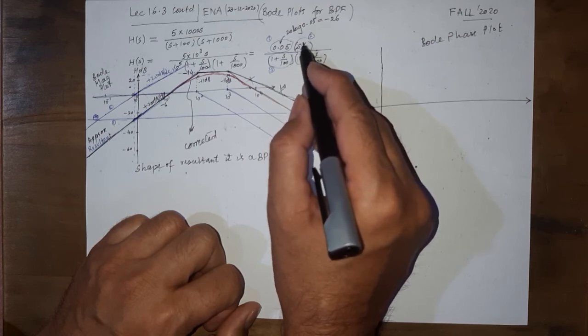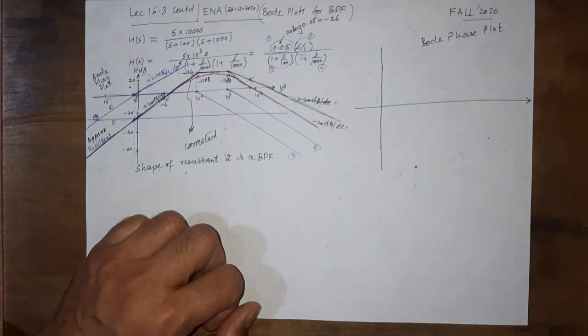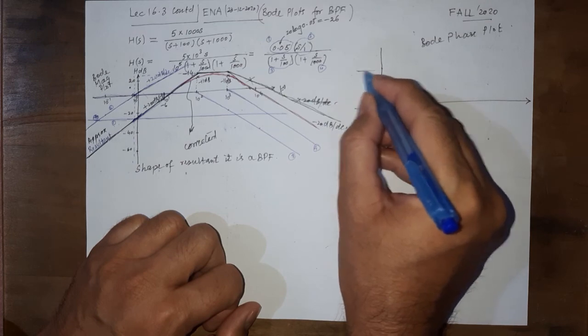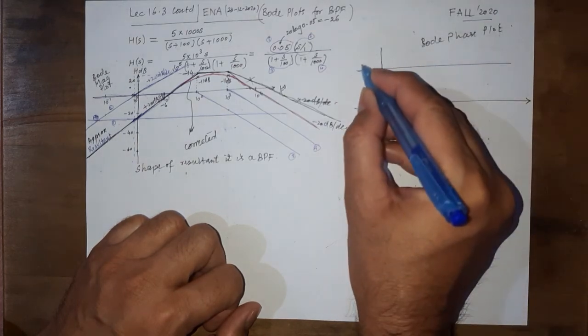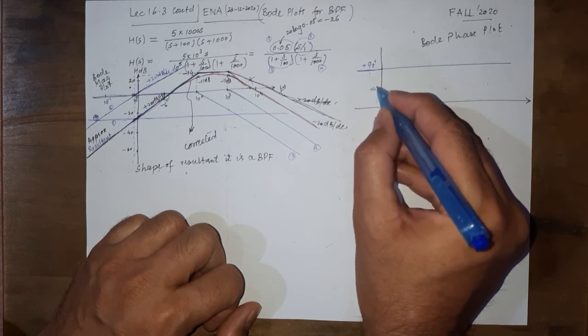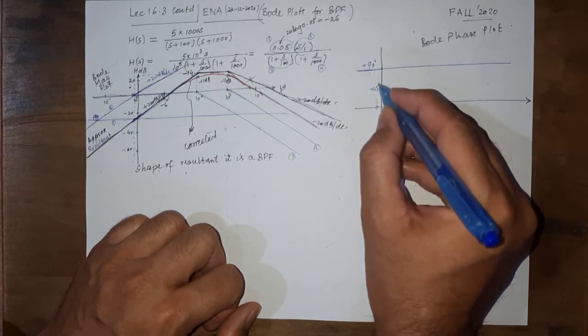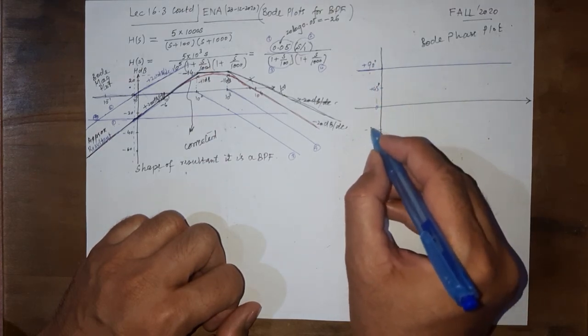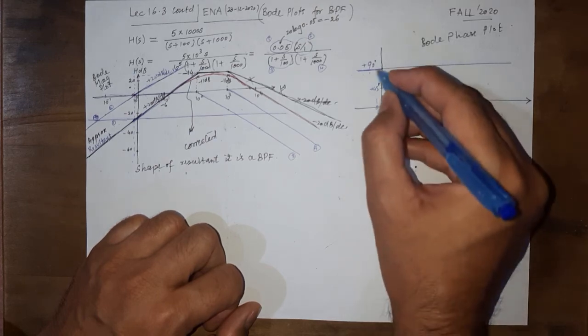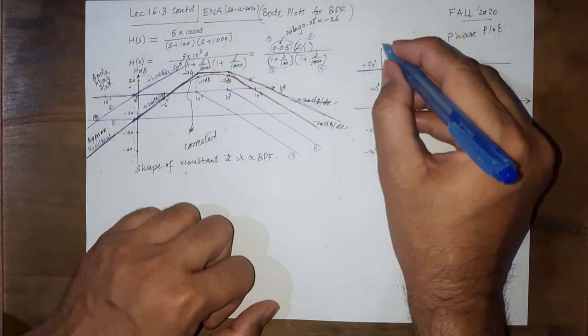So an s in the numerator means we are dealing with a plus 90 degree. So if this is plus 90 degree, then this is plus 45 degree, 0 degree, minus 45 degrees, and minus 90 degrees and beyond on each side.